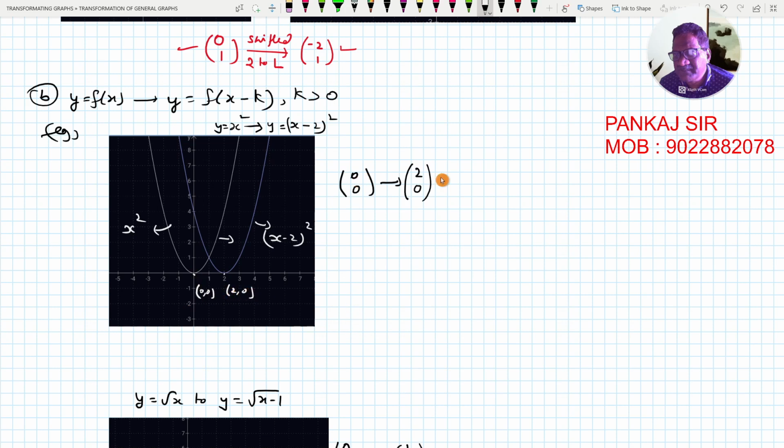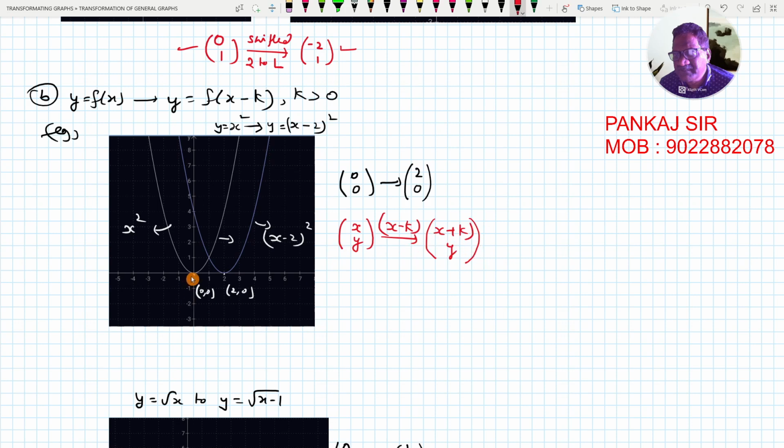Here you have to remember, in general, suppose you have an x and a y, and the transformation is x minus k. Then you will have to add k to x, and you keep the y as it is. This is the general way of understanding.